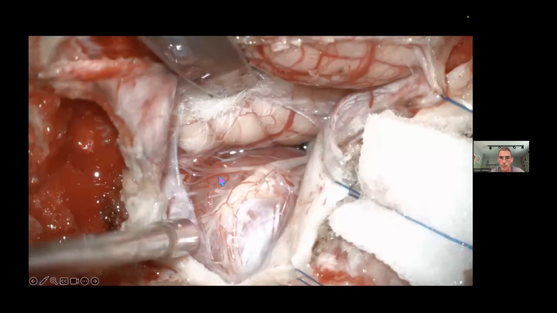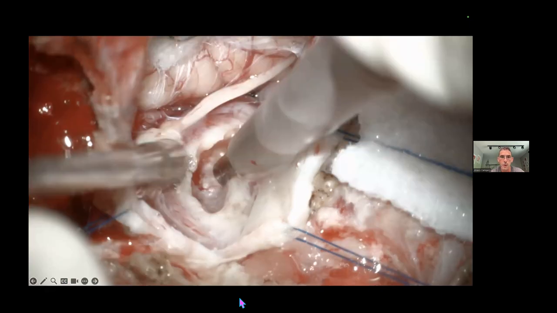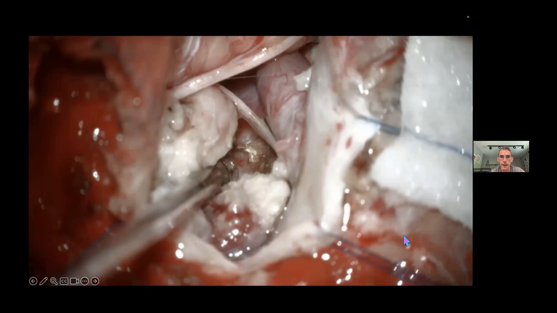And now we expose the tumor. This is the spinal accessory nerve. We are cutting now the denticulate ligament in order to mobilize the tumor better. We use ultrasonic aspiration in order to remove volume of the tumor. And now we are coagulating and cutting the attachment of the tumor.